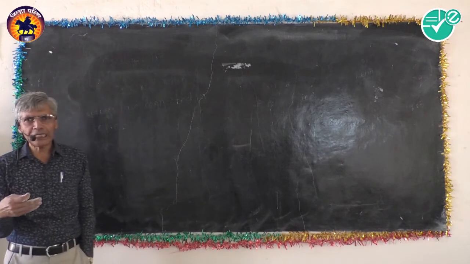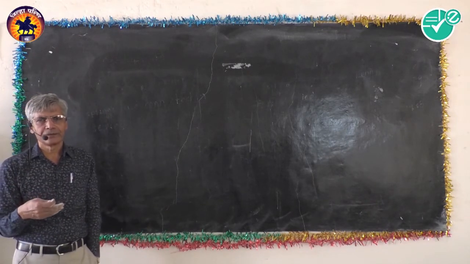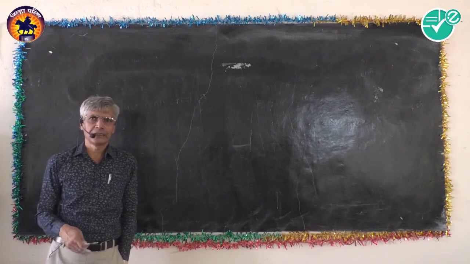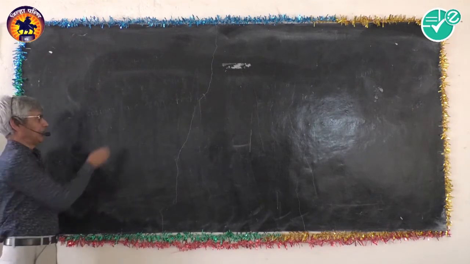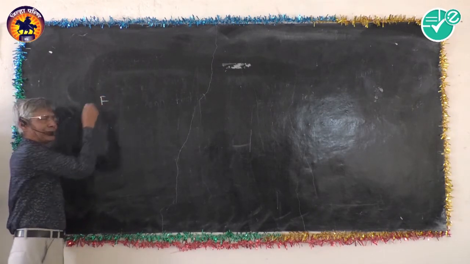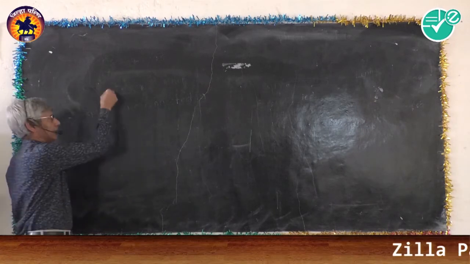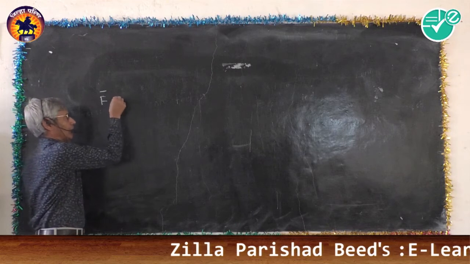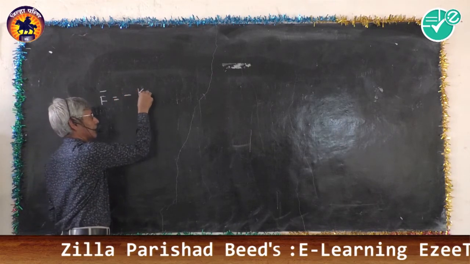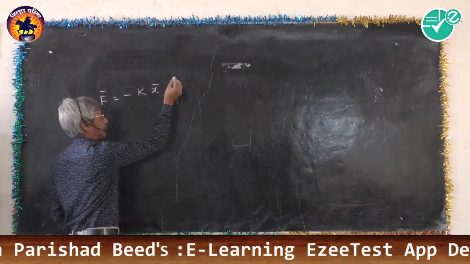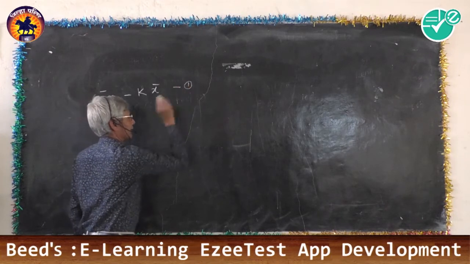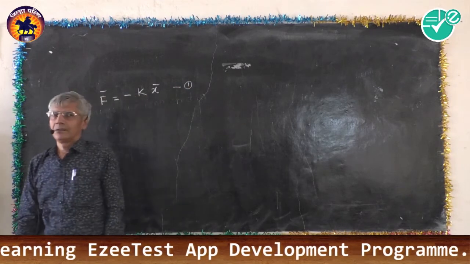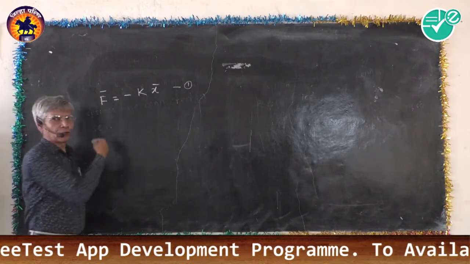The restoring force acting on the particle at this position is represented by, say, F. Then mathematically we can write this restoring force F acting on the particle as equal to minus k times x. This is the equation which controls the linear system.